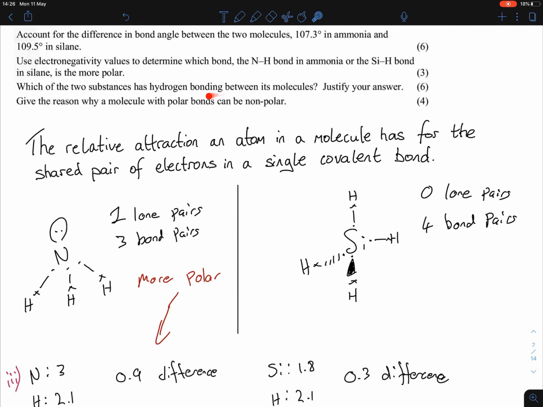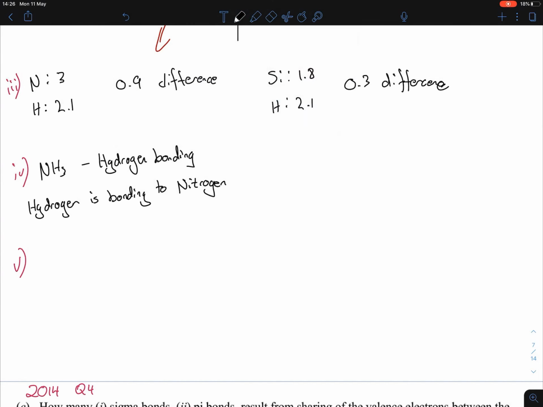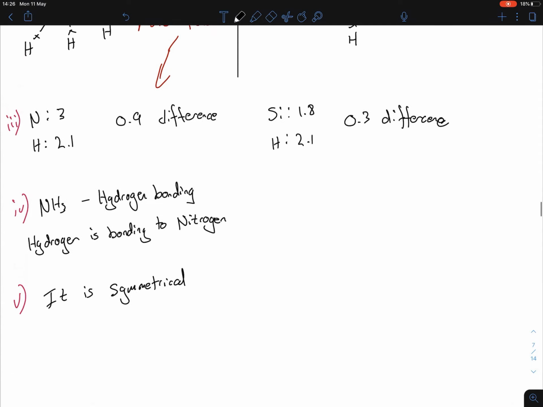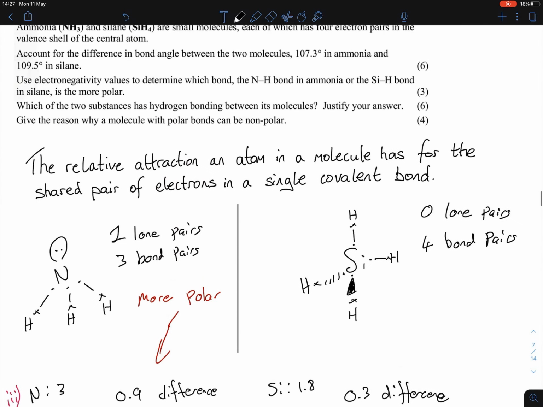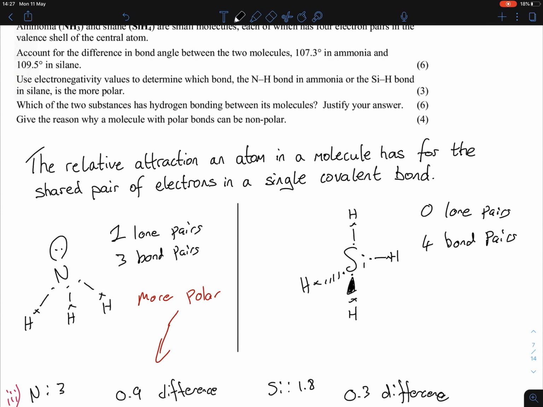So for V, it is symmetrical. That's it, and you're done for that one. It's the only exception. As soon as you see it, you should be mentioning something to do with symmetry.